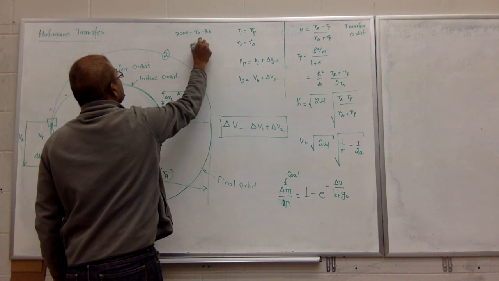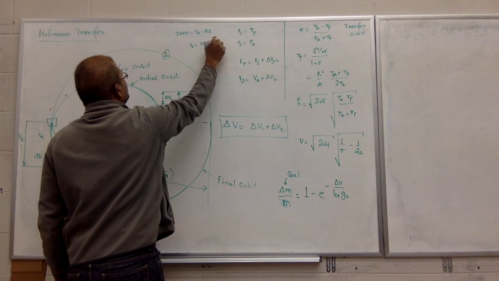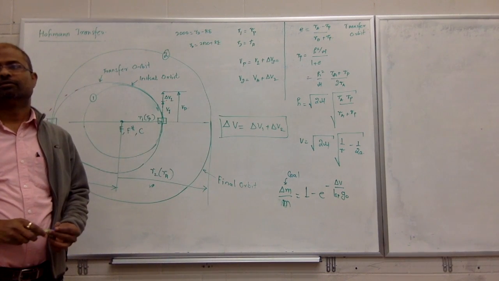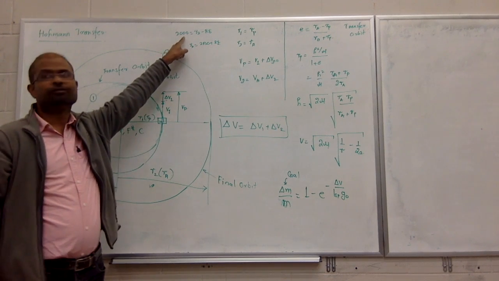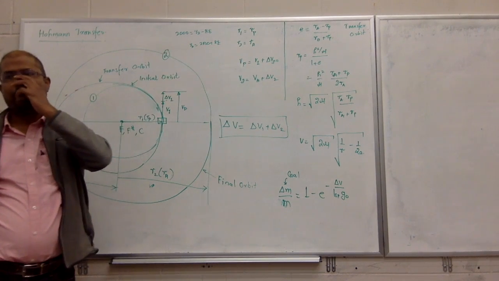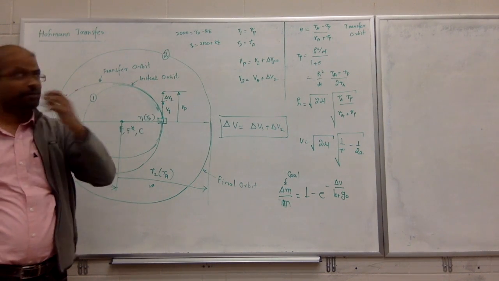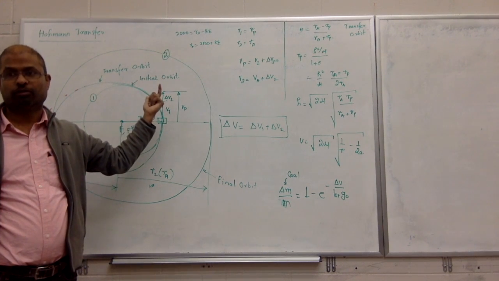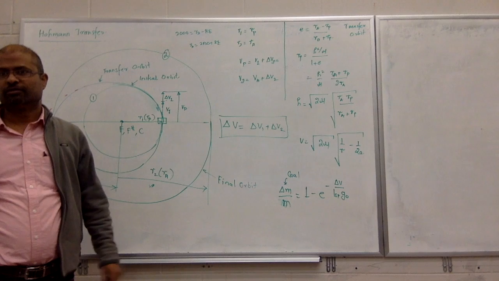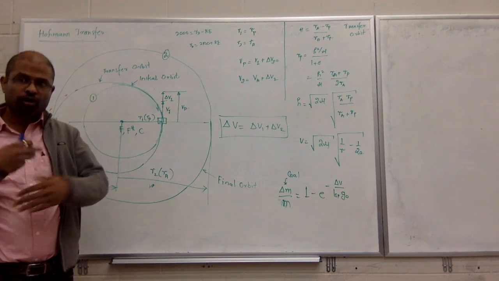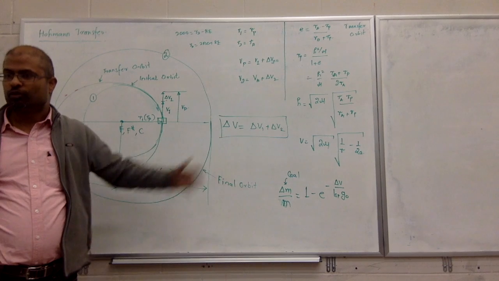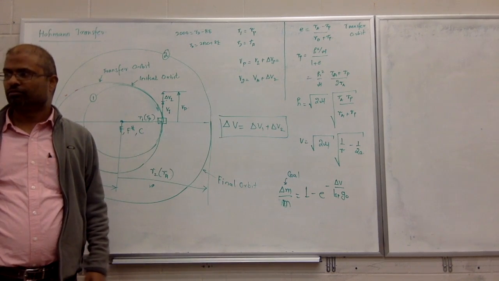R2 is what? 2000 plus RE. That make sense? Okay. R1 would be something like 500 or 500 minus RE. So you are given all of these and you are trying to figure out. You do the design. Okay.